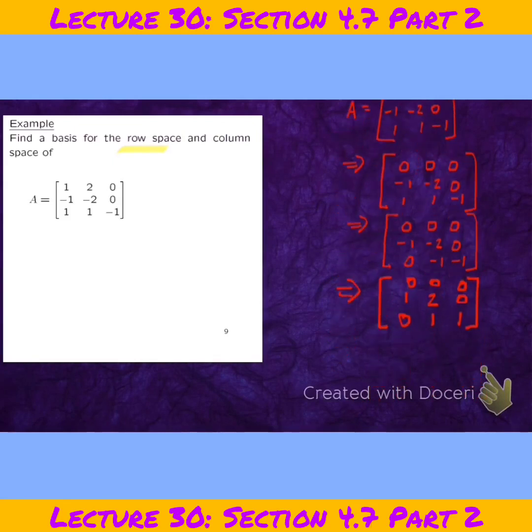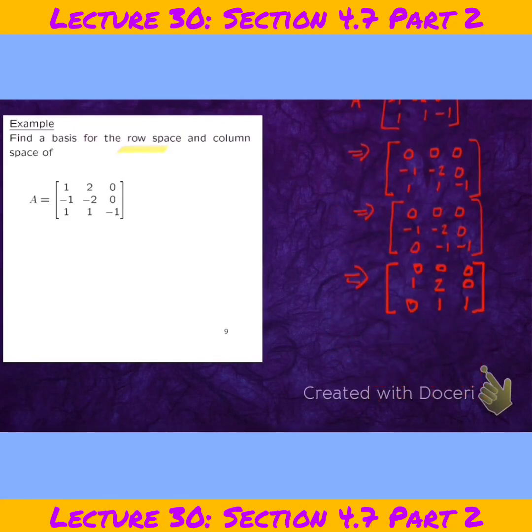All right, and lastly, we're just going to rearrange the rows as follows. All right, so we get the last matrix there, and the leading ones occur in the first row and the second row.